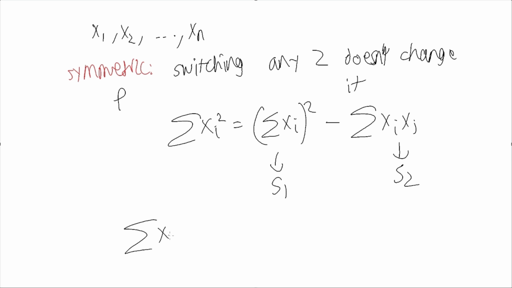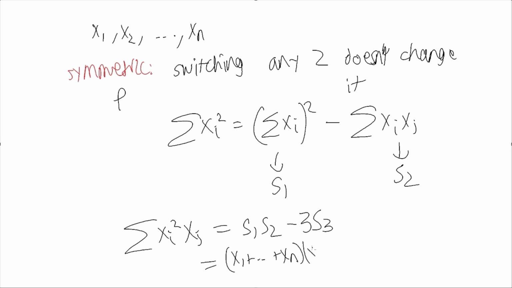For example, the sum of xi squared xj is in fact equal to, I think, s1 s2 minus 3s3. So this is like x1 plus all the way to plus xn, then x1 x2 plus x1 x3 plus and so on and so forth, minus 3 times x1 x2 x3 plus x1 x2 x4 plus so on and so forth.